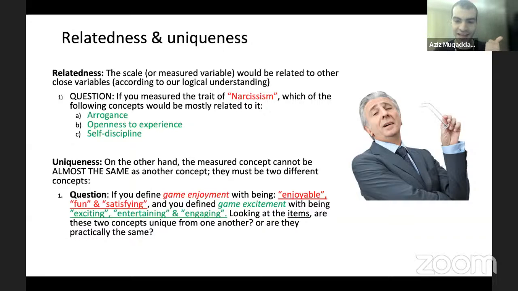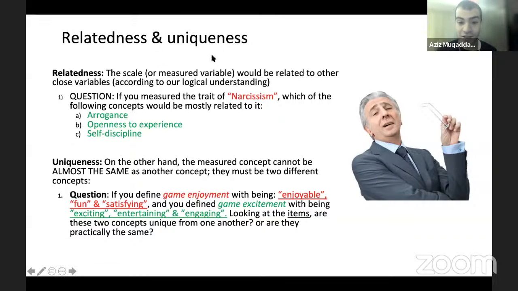So is it A, B, or C? Which one is more related to narcissism? Okay, so everyone is saying A. Emily, Miranda, Natalie, Annie, Eric, Lily, right?